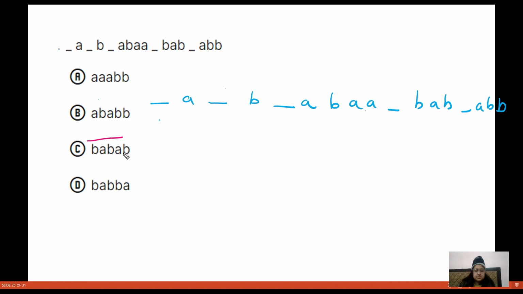You have this A B A B B. So A becomes double A, then double B. When this becomes double A, then this becomes double B. Then this again becomes double A. Then this is single B. So what I am getting: double A, double B, double A, then single B, then double A. Then this one is becoming double B, because this is our fourth one.